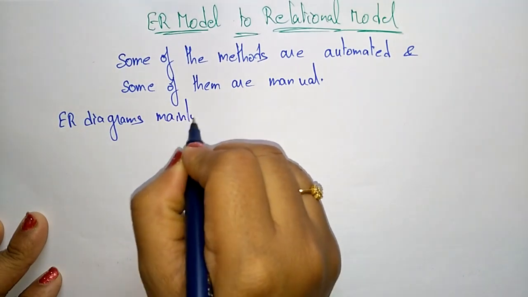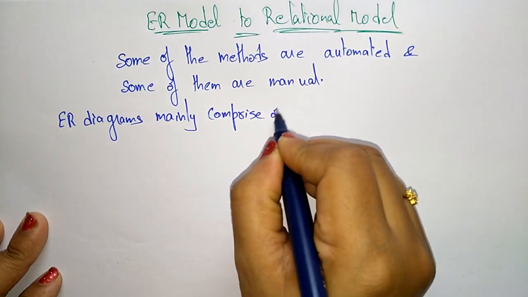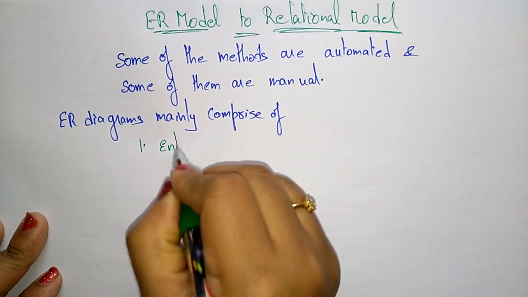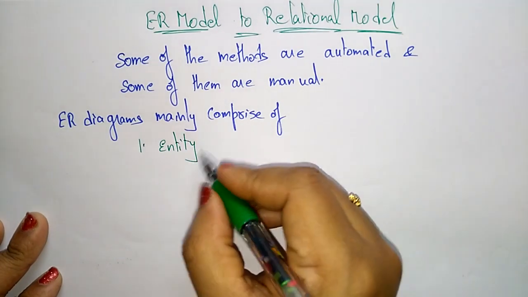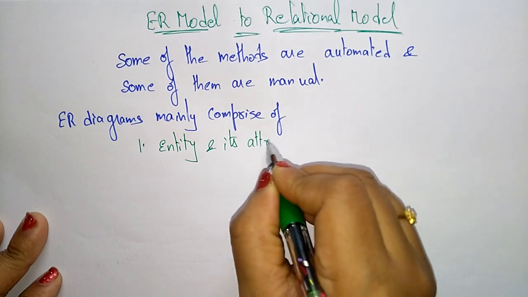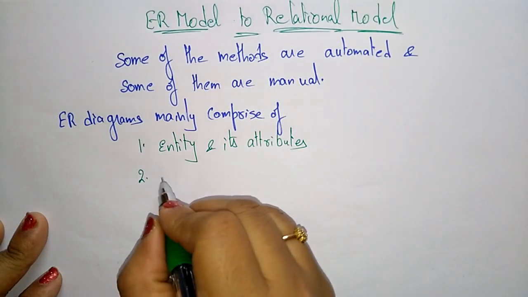mainly comprise of entity, so it has entity and its attributes, and one more thing is relationship.